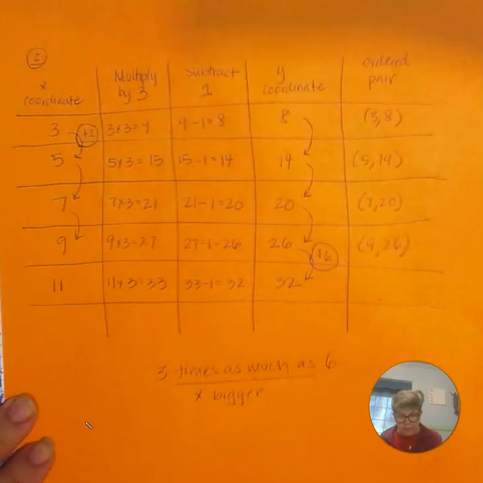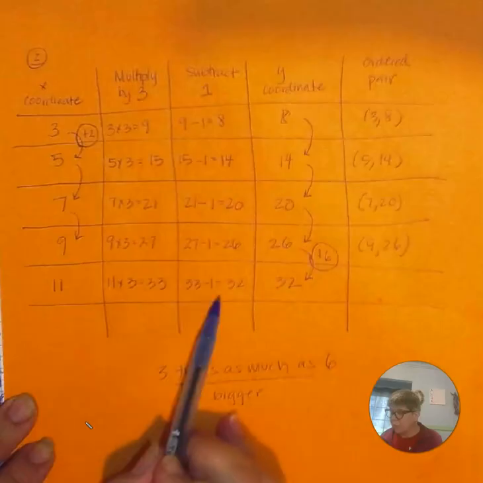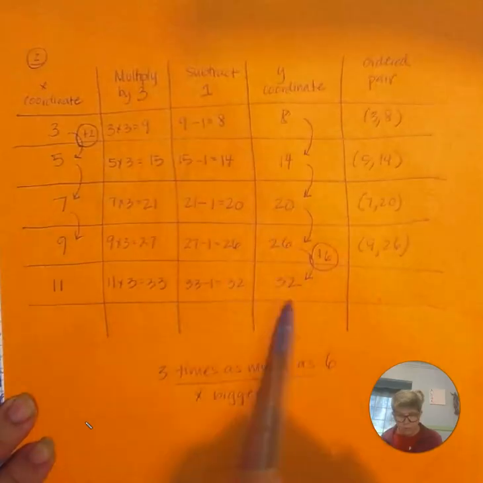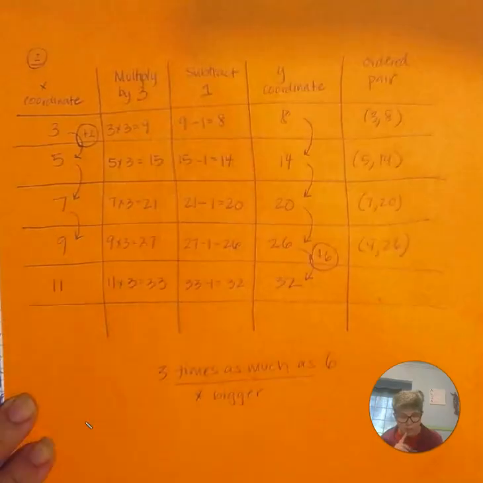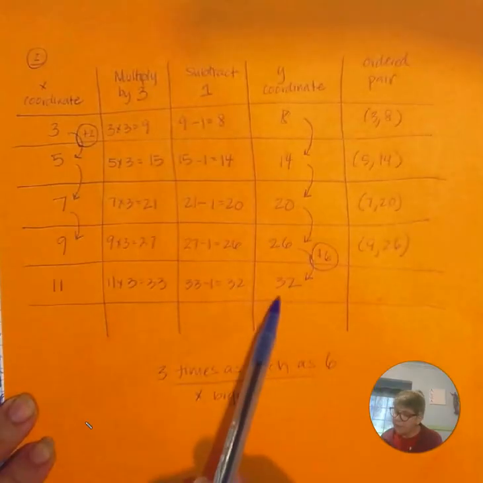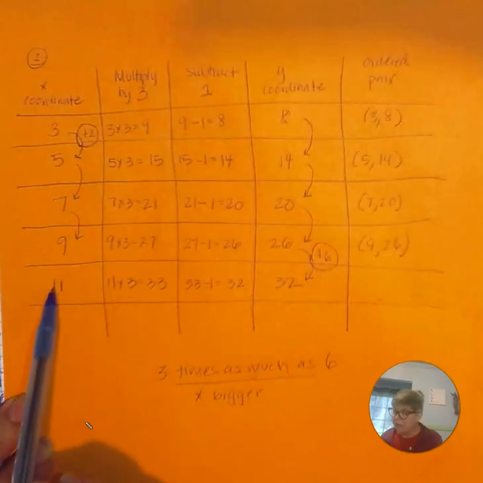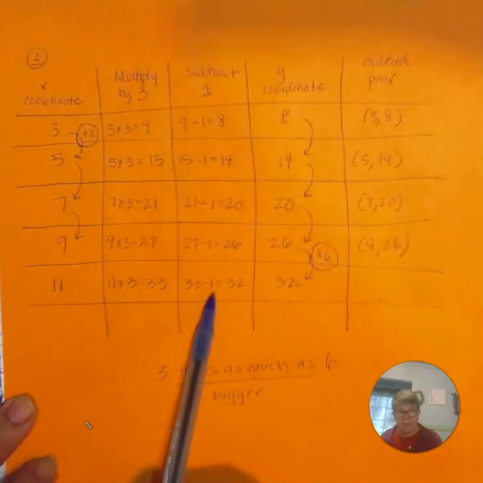How does that relate to what you did to get the y-coordinate in this table? So we multiplied by 3 and we subtracted 1. But our pattern going this way is 3 times as much. We multiplied by 3. But our y-coordinate is not 3 times as much as our x-coordinate because we had to subtract 1. Right?